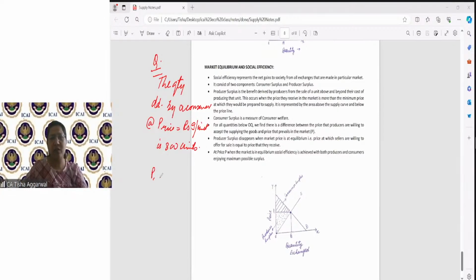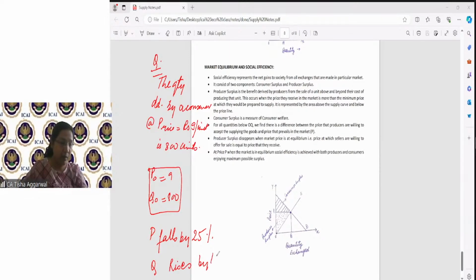That means P0 is 9, Q0 is 800. Then they say the price falls by 25%, and the quantity rises by 160 units. You have to find out ED.